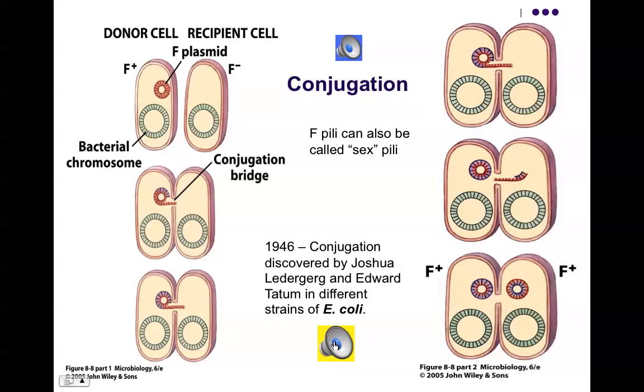In 1946, conjugation was discovered by the microbiologist Joshua Lederberg and the geneticist Edward Tatum. They used different strains of E. coli that had different nutritional requirements.